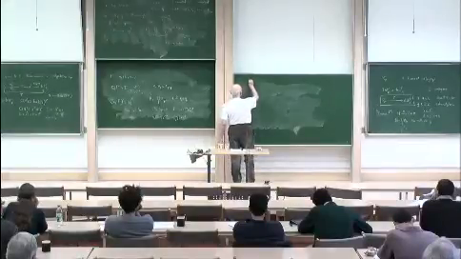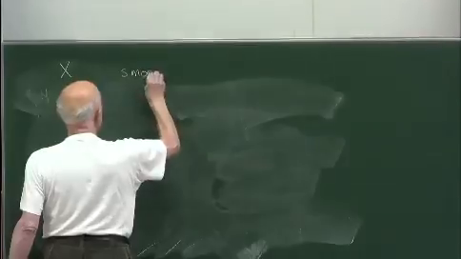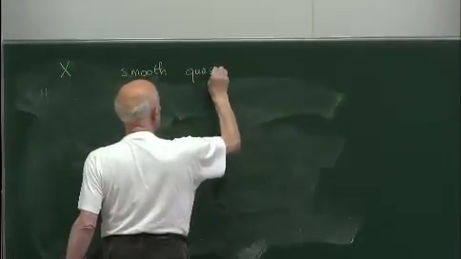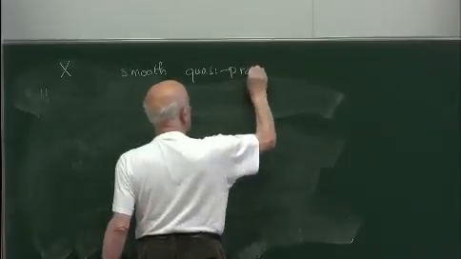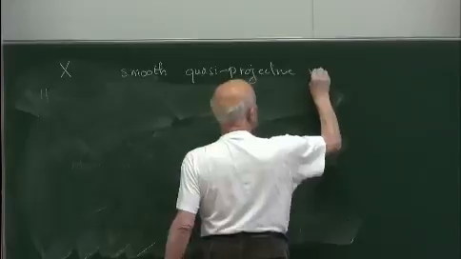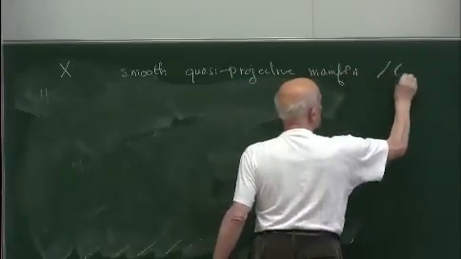So, I start with X, which is a smooth quasi-projective manifold defined over the rationals.